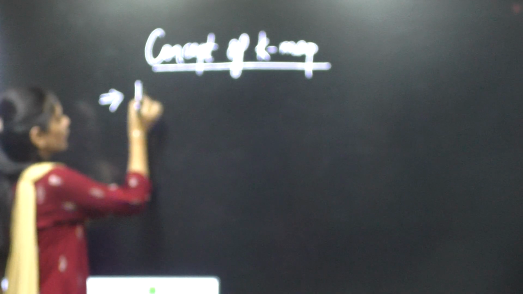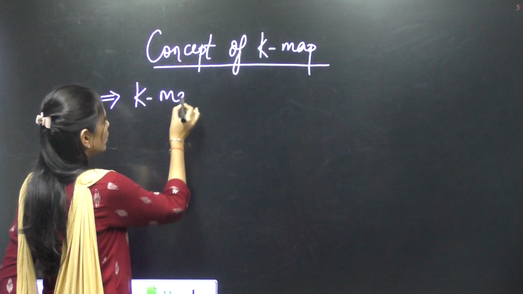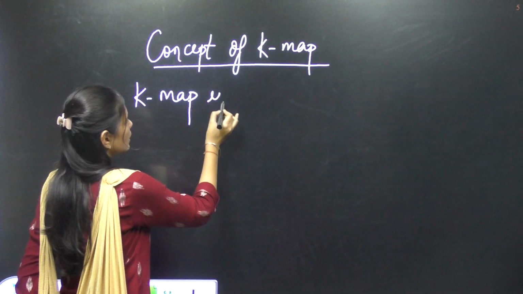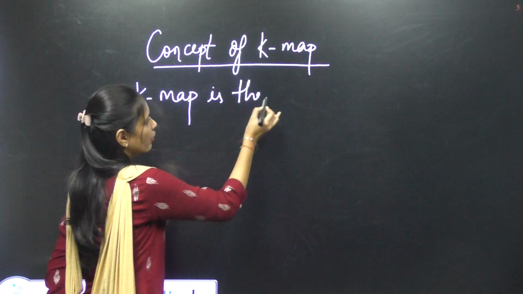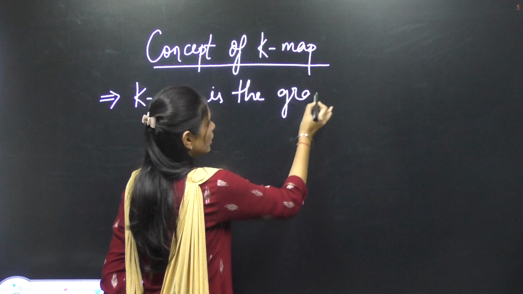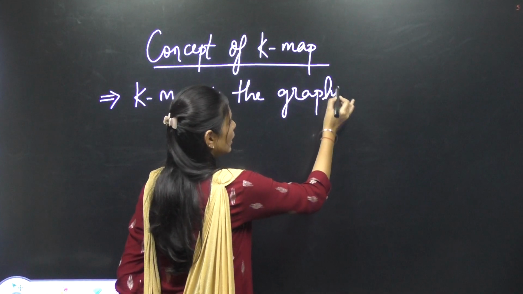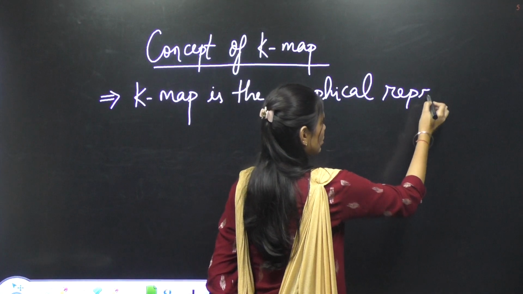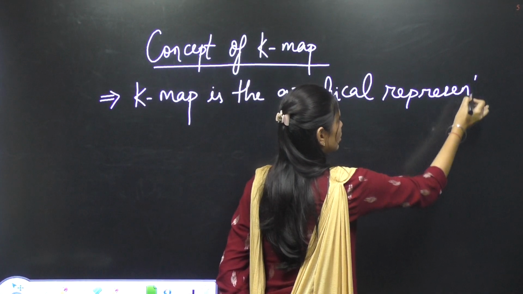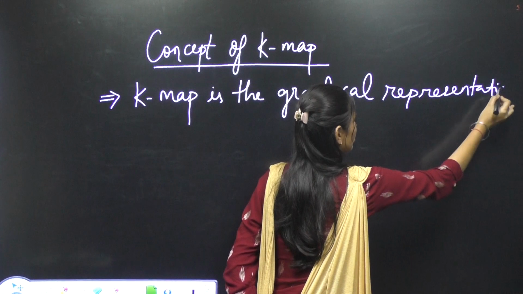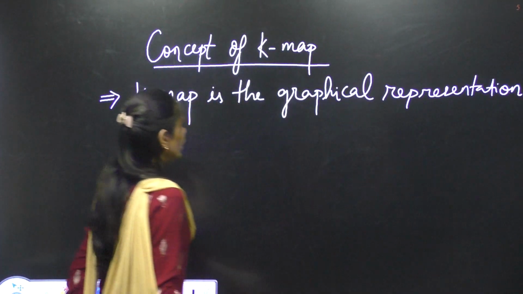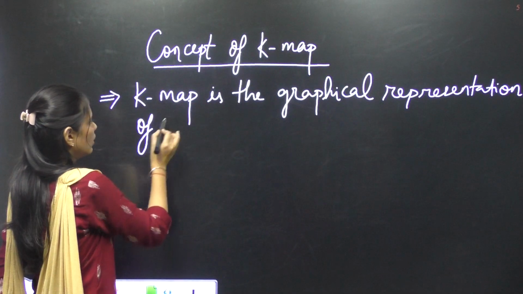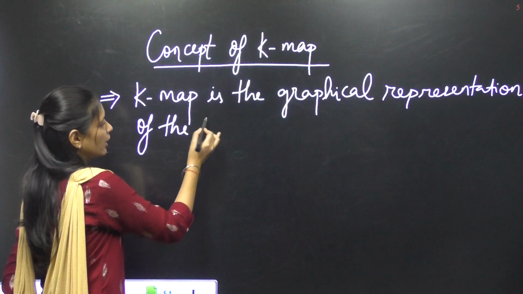Thereby K-map is introduced, and let me tell you what K-map is. K-map is the graphical representation of the simplified Boolean expression.